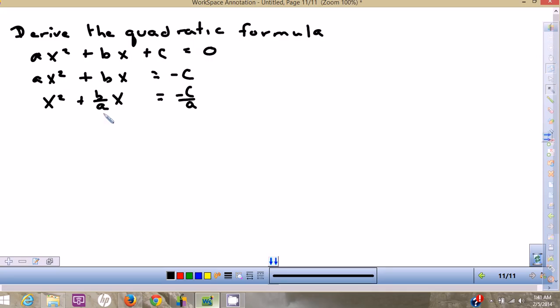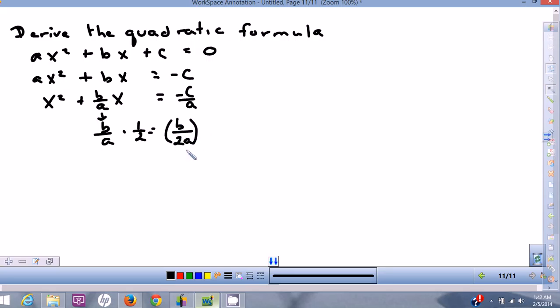So what's the next step? We take the coefficient of x, in this case b over a, and take half of it. That gives me b over 2a. We take that term and we square it. That gives me b squared over 4a squared. And we add it to both sides.